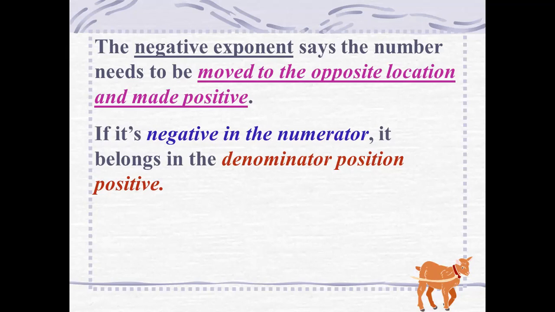Okay. So if it's a negative in the numerator, that is what we do. We make it positive in the denominator position.